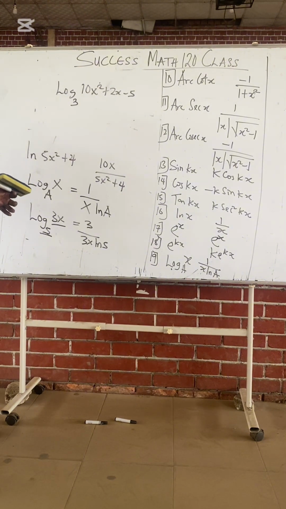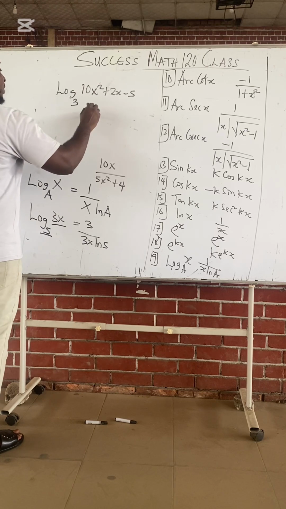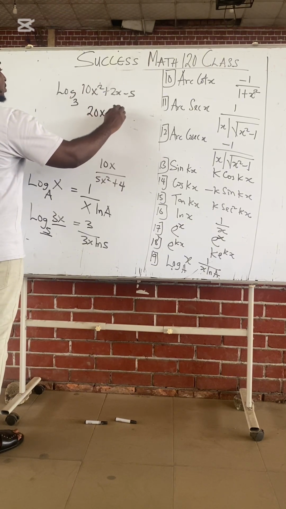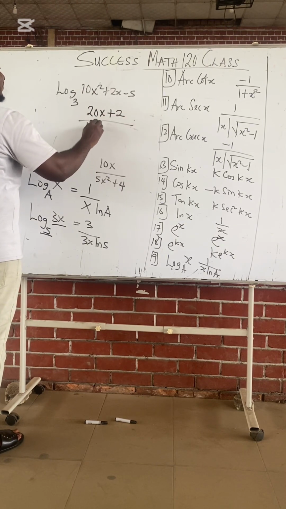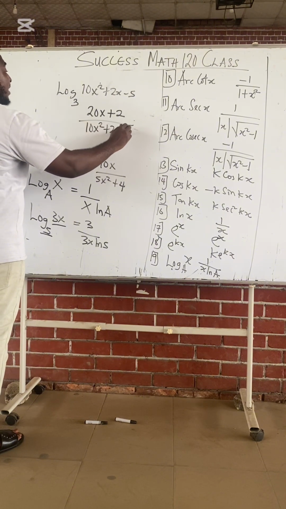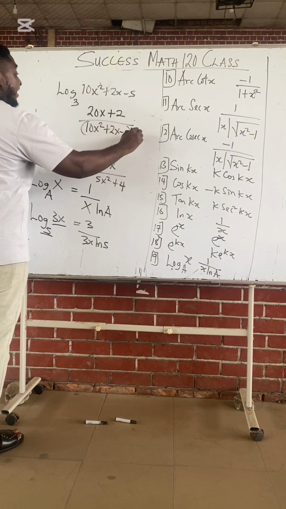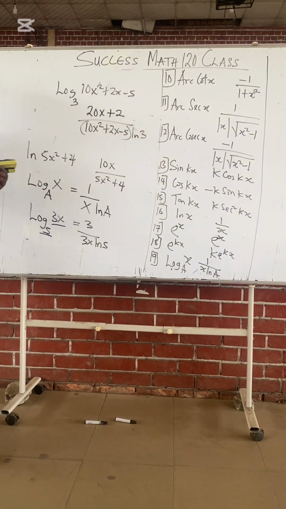What will it be? 20x plus 2 all over 10x squared plus 2x minus 5, and good, you've gotten it, ln 3.